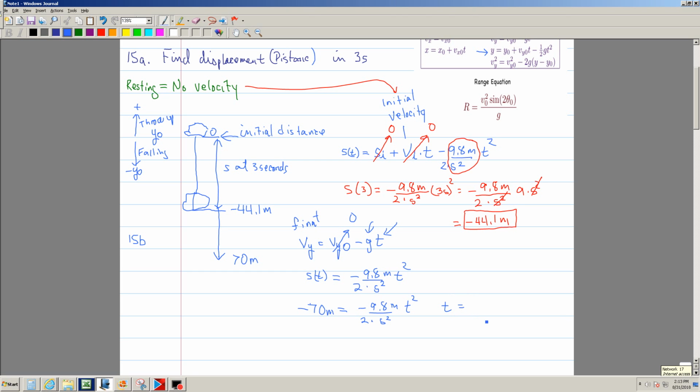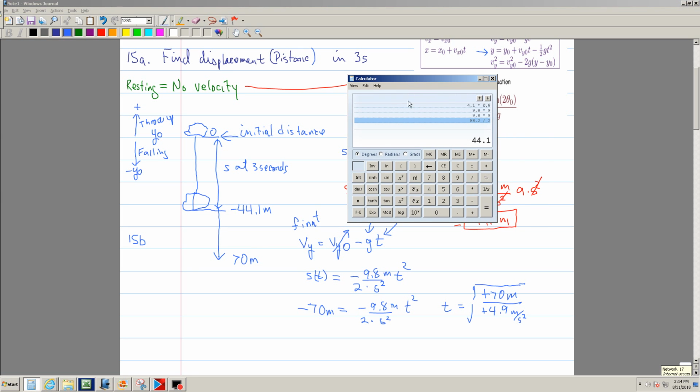So basically you're going to have t equals 70 meters divided by 4.9 meters per second squared. These cancel out.